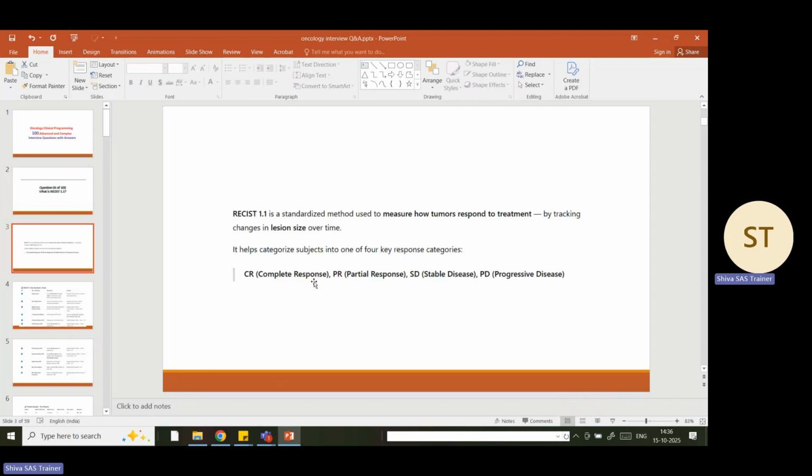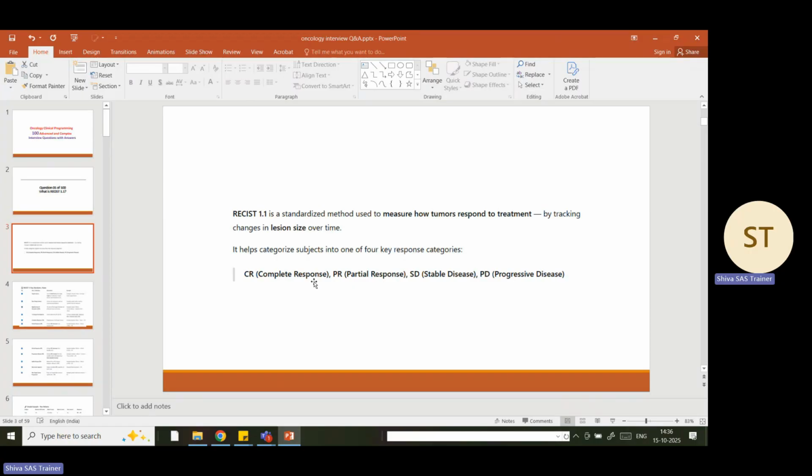RECIST 1.1 is a standardized method used to measure how the tumor responded to the treatment. Whenever we give an oncology treatment to the subject, the tumor responds: it either decreases, increases, or stays stable.